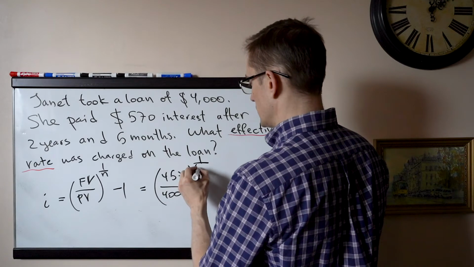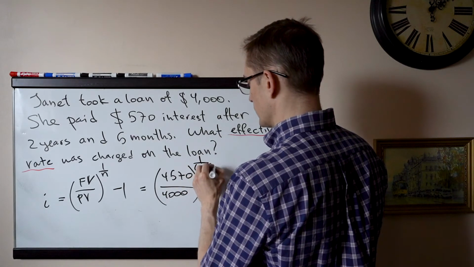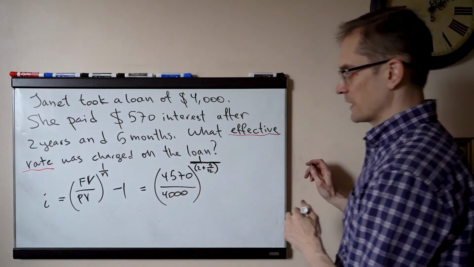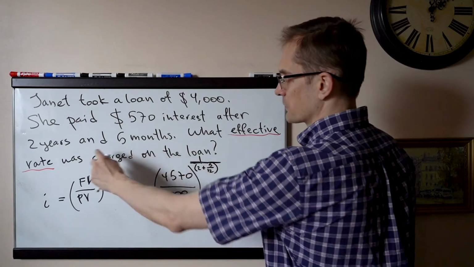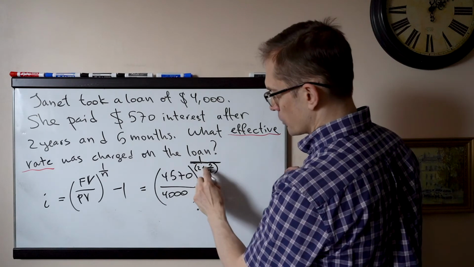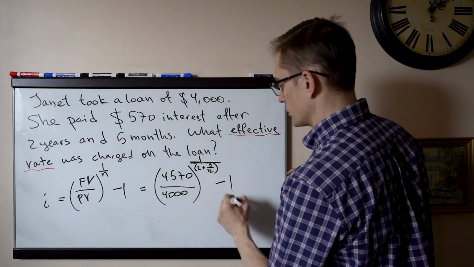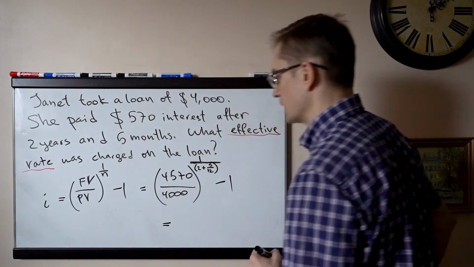So 1 over 2 plus 5 over 12, because 2 years and 5 months is 2 whole years and also a fraction of the year, and minus 1, of course. So let's see what this I is equal to.